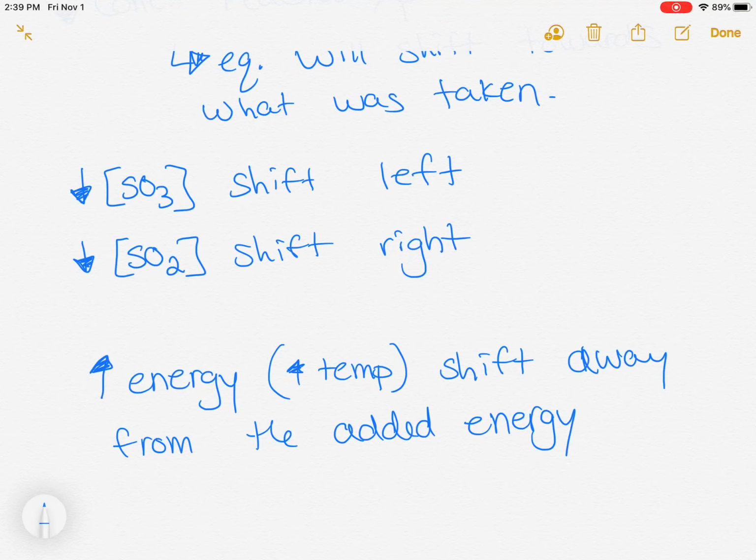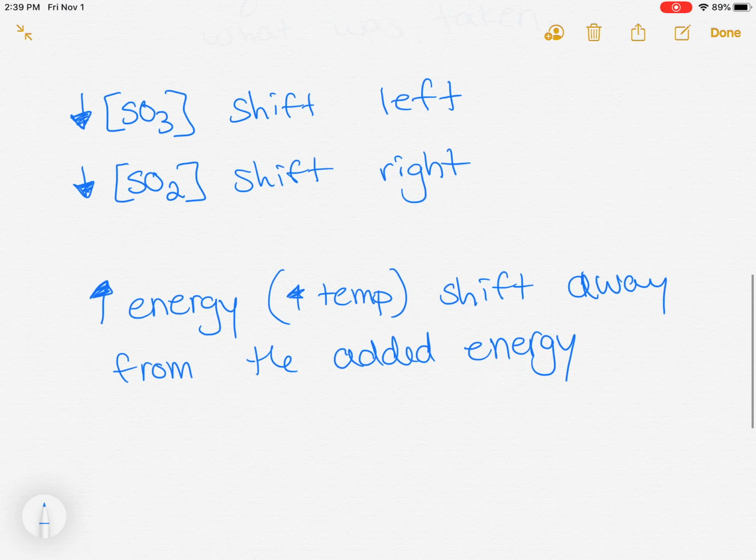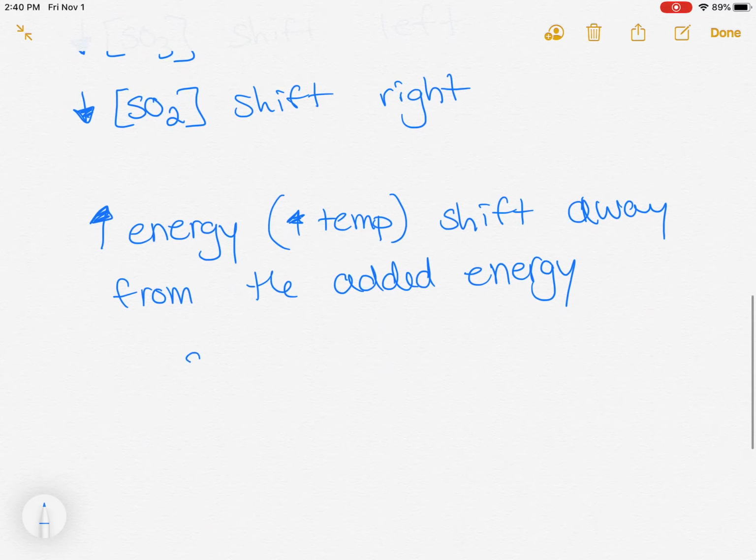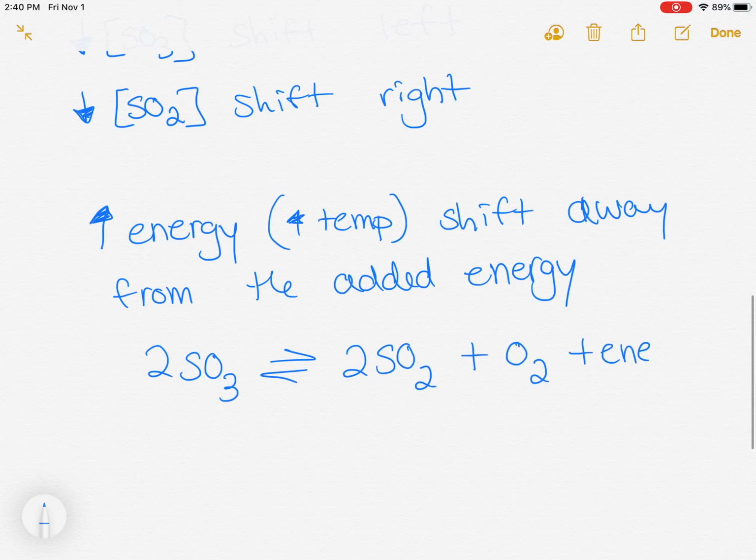This is the same rule as concentration, except when we're looking at a reaction, where the energy is makes a difference. Because we know that in exothermic reactions, energy is a product, and in endothermic reactions, energy is a reactant. So it depends where the energy is. If we look at our example again, we had our 2SO3 reacting to produce our 2SO2 plus our O2 plus some energy.